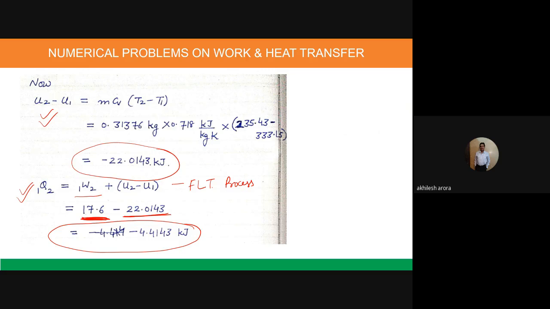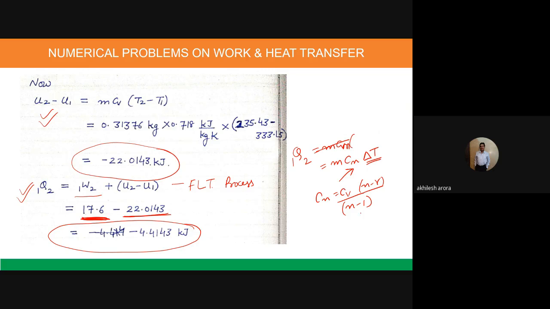If we had been asked to calculate the value of the heat transfer without calculating the change in internal energy, it would have been very easy for us, because we know that Q1 to 2 is given by m into Cn into delta T. Delta T we have already calculated, and the value of Cn is equal to Cv upon n minus 1 into n minus gamma.